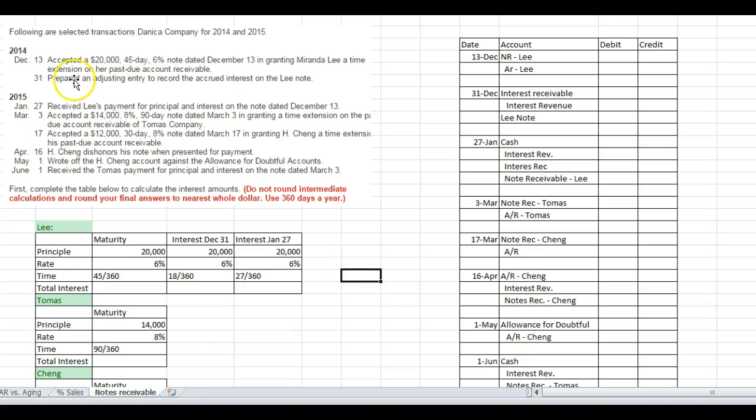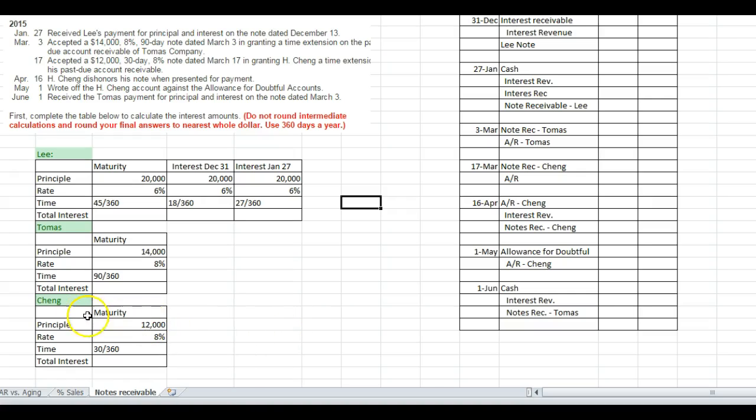We've got a $20,000 note from Miranda Lee. We have a $14,000 note from Thomas. And we have a $12,000 note right here from Xing.